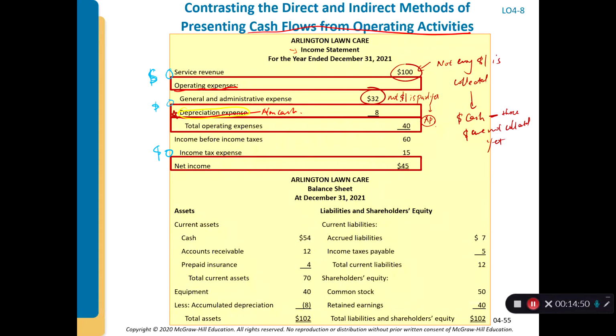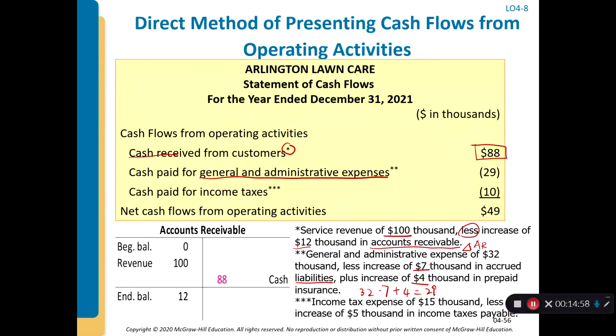So therefore, those dollars that are not being paid yet is not a cash outflow, right? So therefore, $7,000 in terms of the accrued liability means that increase. So 32 minus 7. But why we have to increase plus 4 is because there's $4,000 paid in terms of prepaid insurance.